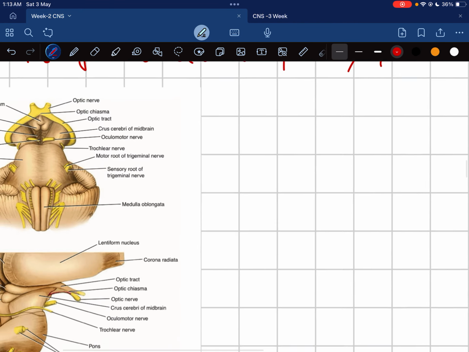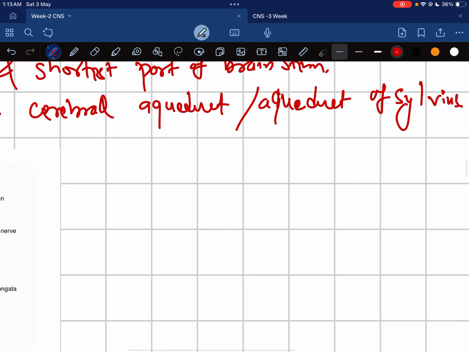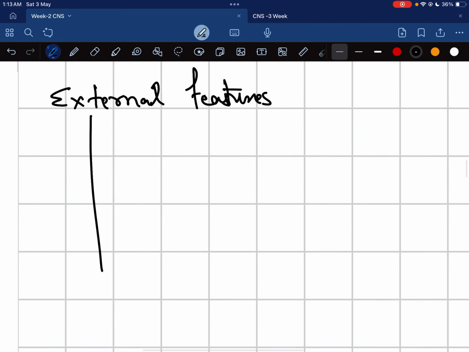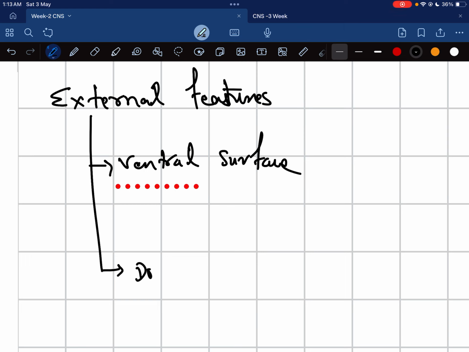When we look at the external features, they are divided into two perspectives. One is the anterior or ventral surface, and another is the dorsal surface.